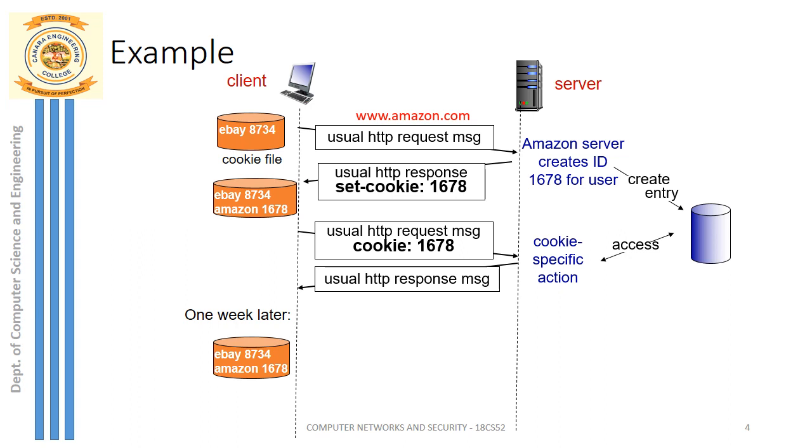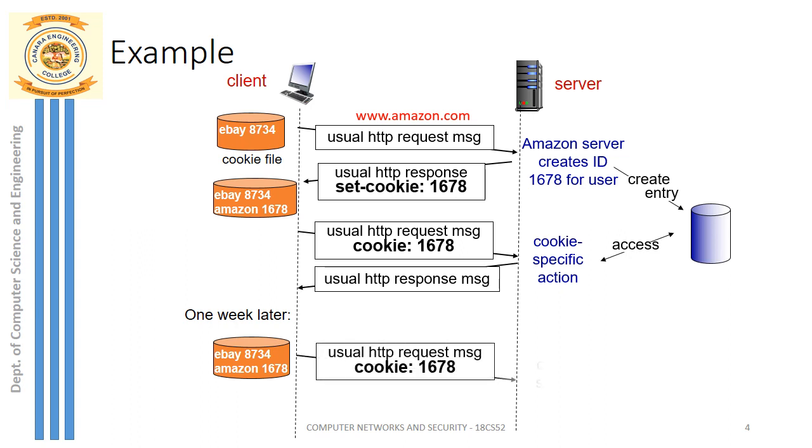Whenever the server receives a request with the ID 1678, the server will start tracking this session by accessing the identification number 1678 from the web server database. The server will send the usual HTTP response for the request made to the client side.